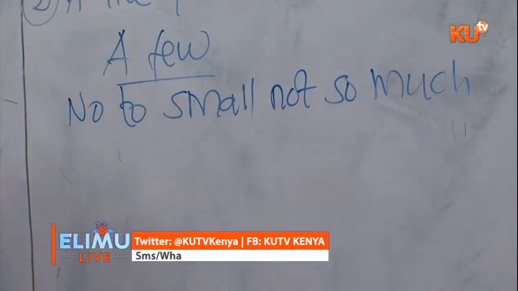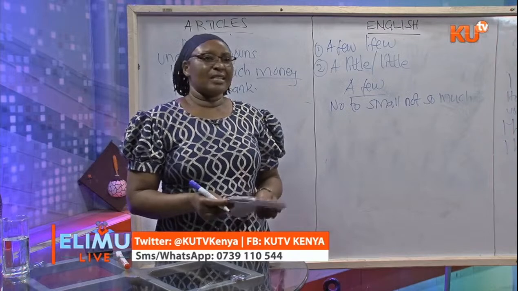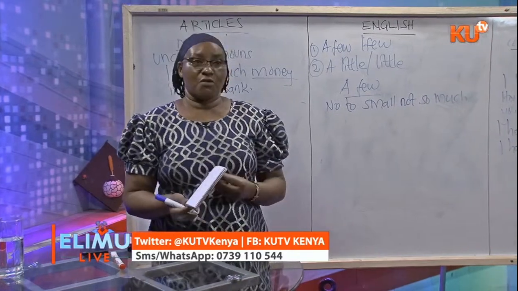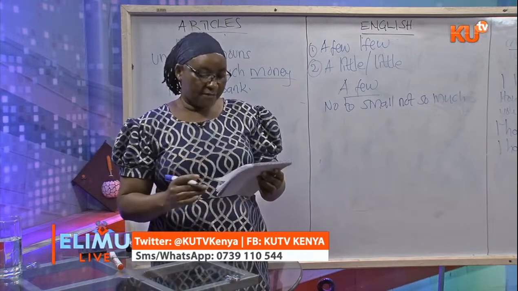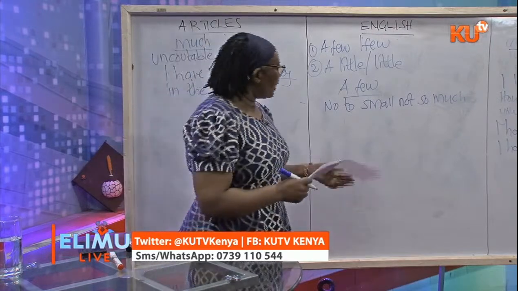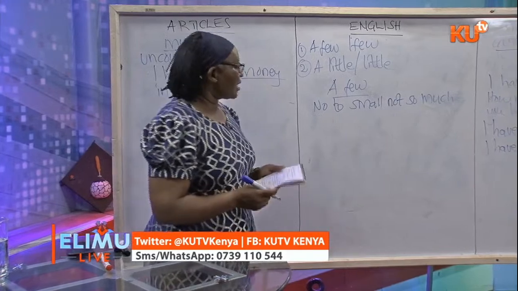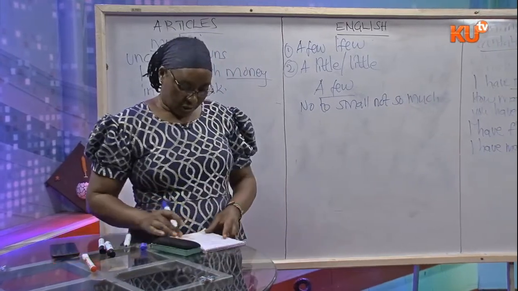That is the meaning of a few. It means that you don't have many of the items, and also you don't have so little of the items that you are talking about.